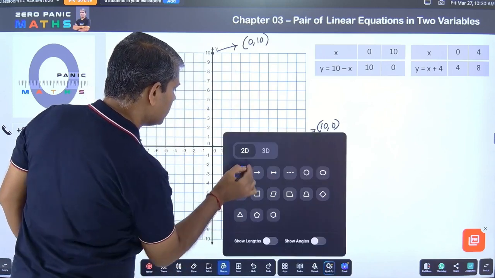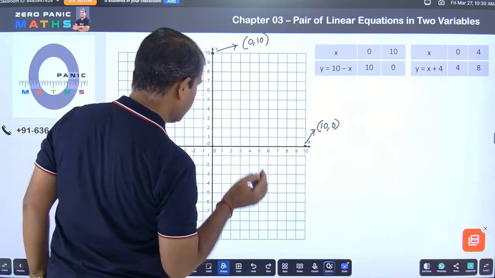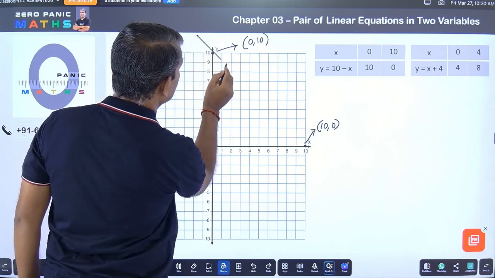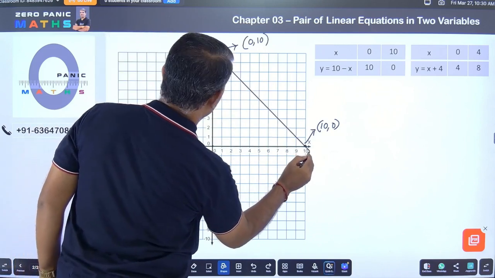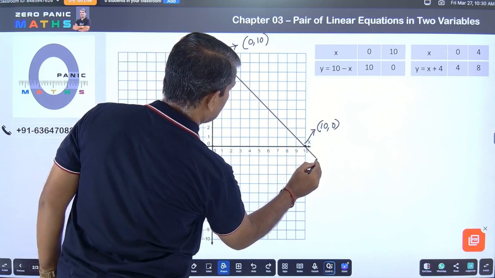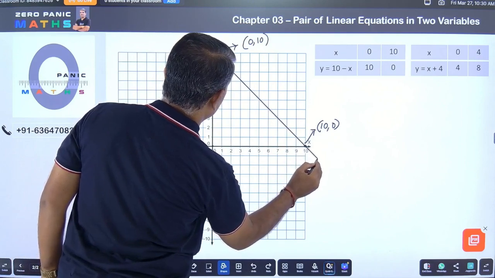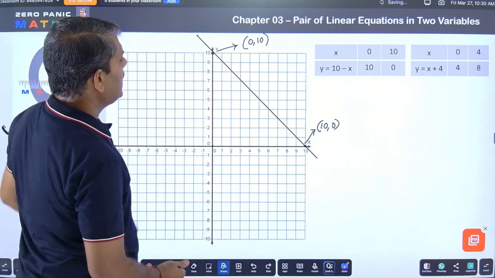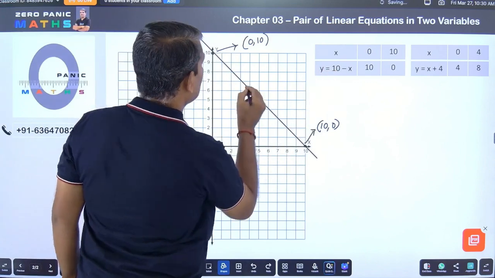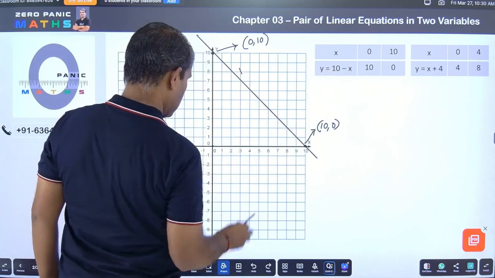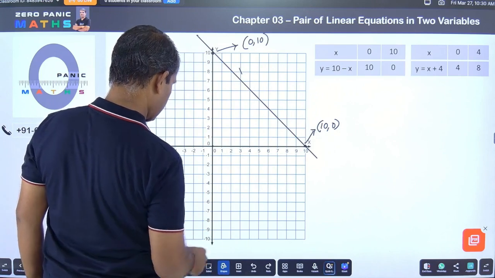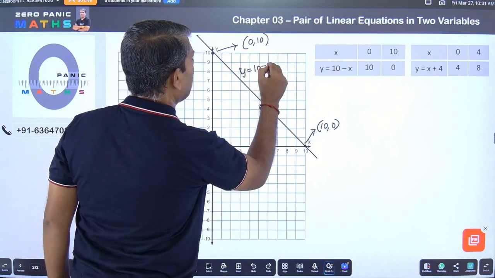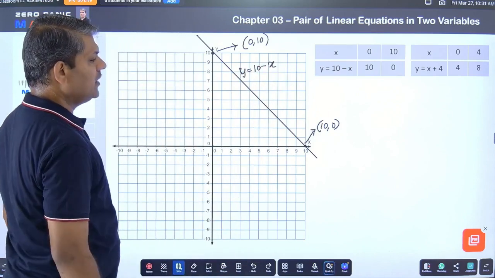Take the line, okay, and draw that line. Okay, so this is the line y is equal to 10 minus x. So y is equal to 10 minus x is this line.